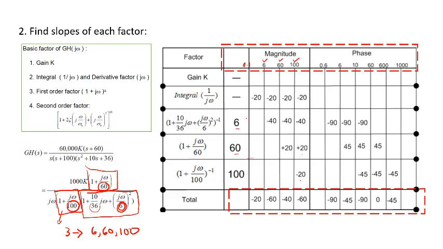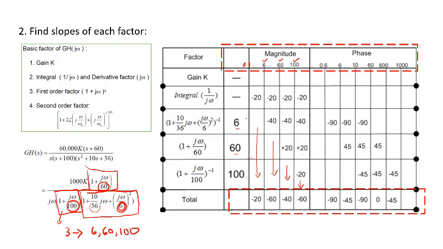So we will have the slope as minus 20, and sum all these magnitudes, so you will get the total slope. So this is minus 20, and this is minus 60, and this is minus 40, and finally minus 60.